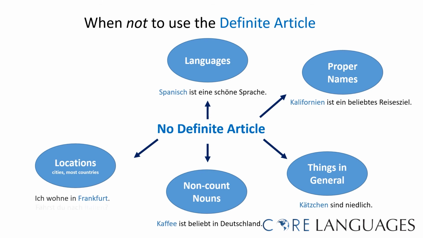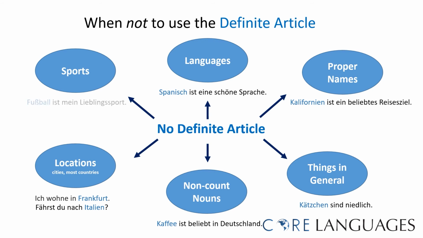I live in Frankfurt. Or, fährst du nach Italien? Are you going to Italy? We don't use the definite article when referring to sports. For example, Fußball ist mein Lieblingssport. Soccer, or football, is my favorite sport.